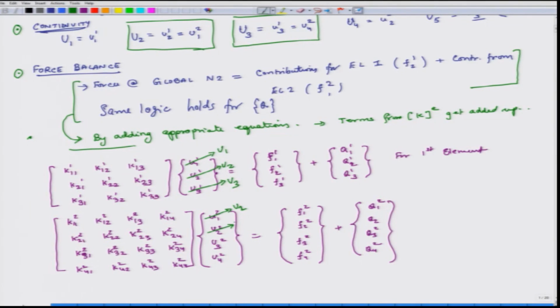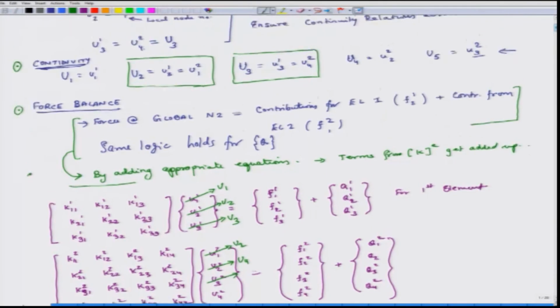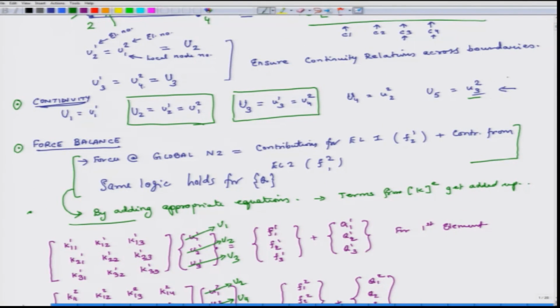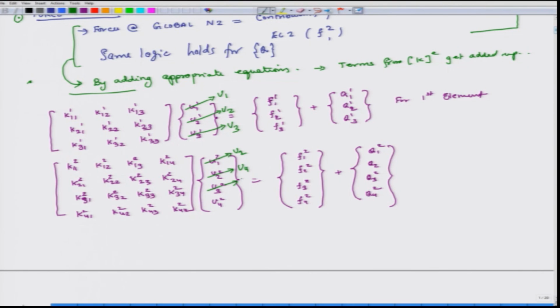U4. This becomes U5, and this becomes U3. This is the first thing we do.